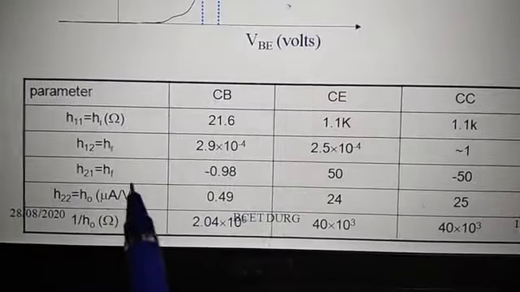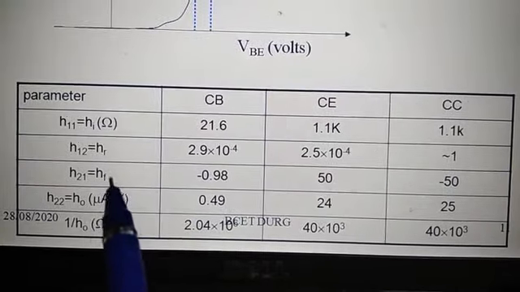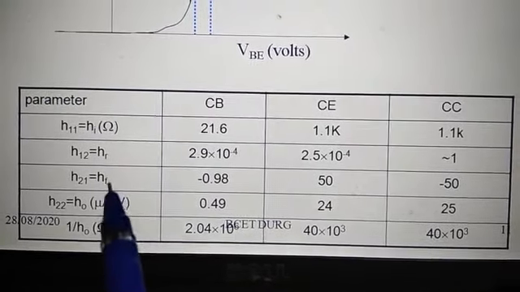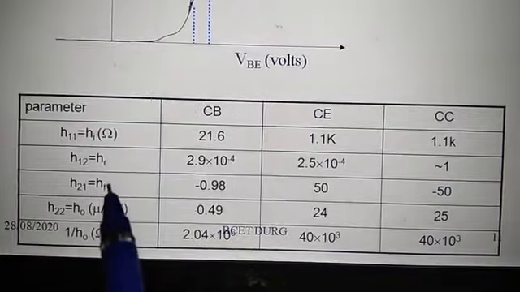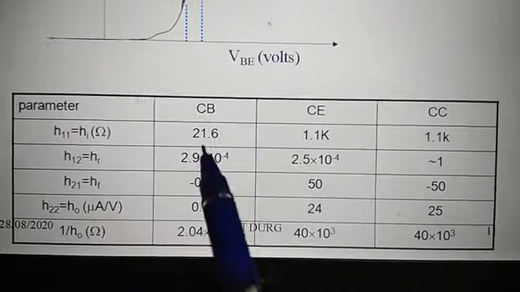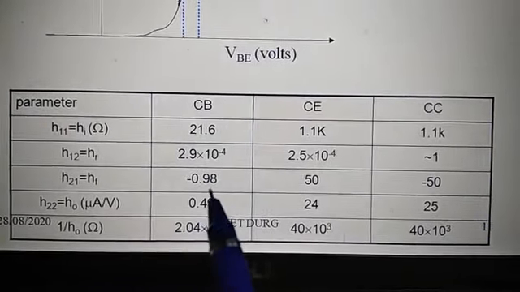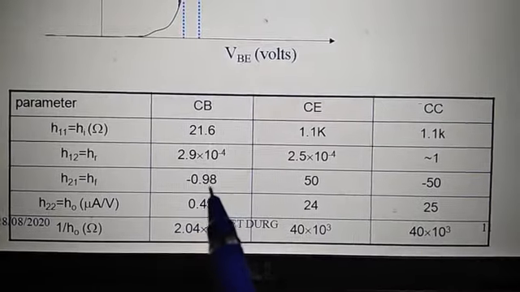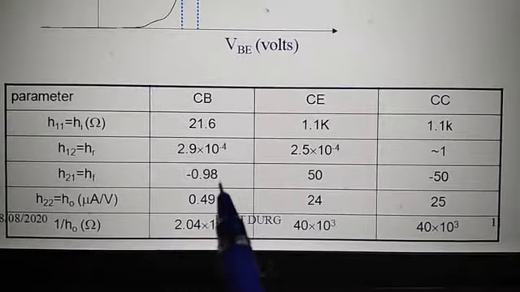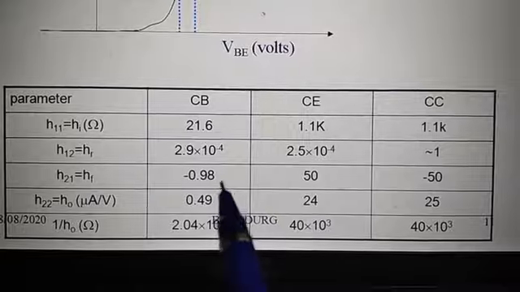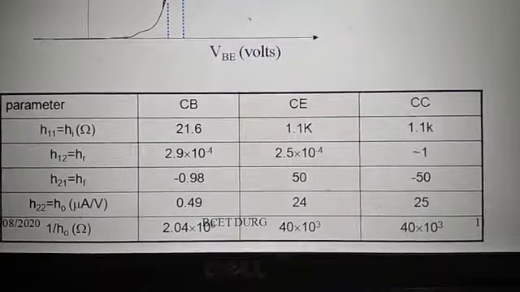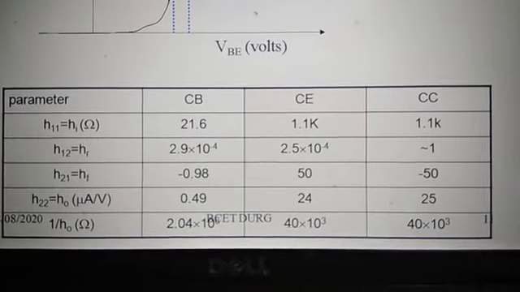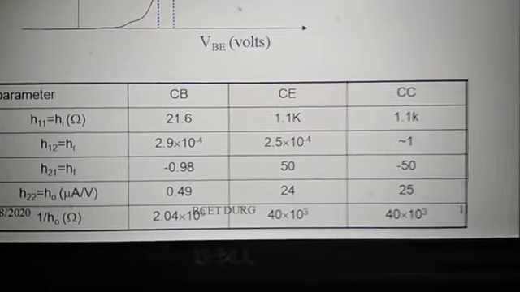Then H21 is the forward current gain, that is output current upon input current. In the case of common base, this is minus 0.98, nearly equal to alpha. HFB is approximately alpha, and alpha is the current gain in the case of common base, which is less than 1.